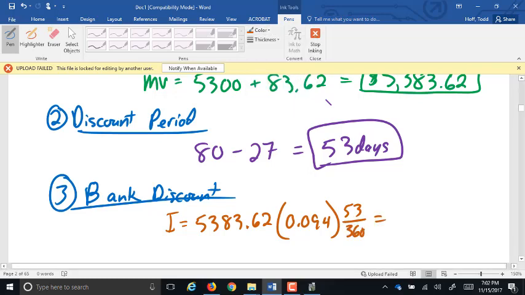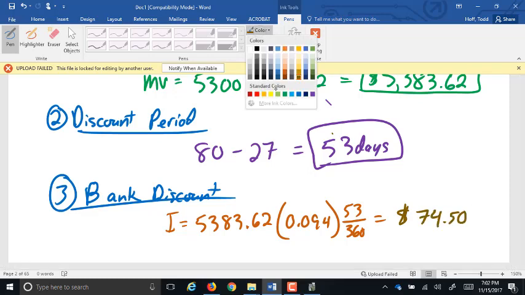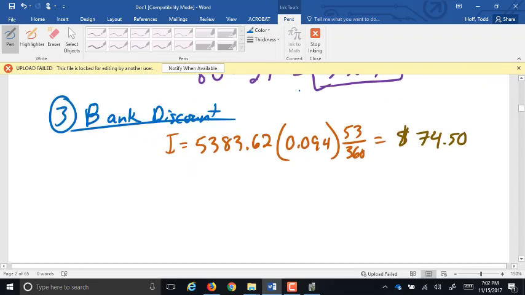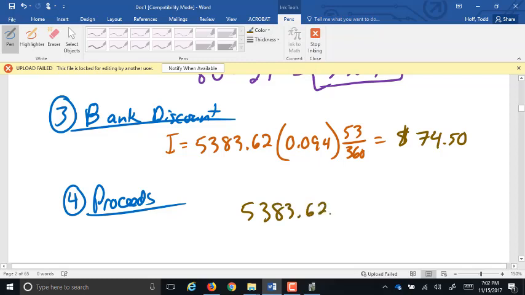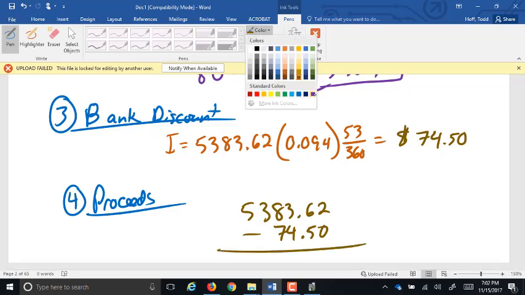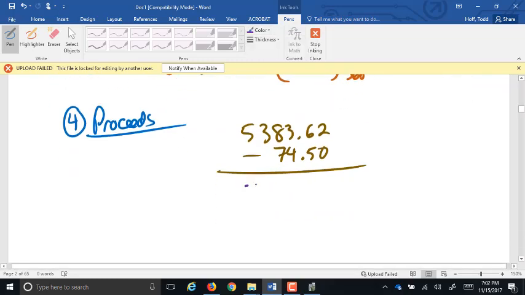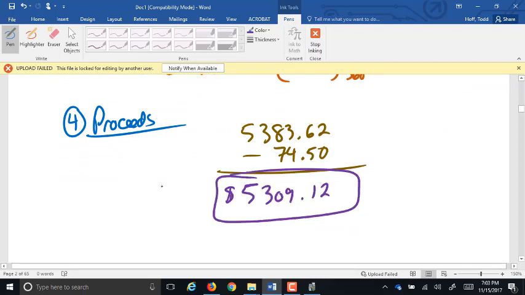Okay, and that gives us 74.50. And then so yes, we have the 5383.62 minus 74.50. Yes, 5309.12. How many of you had that? Any questions?